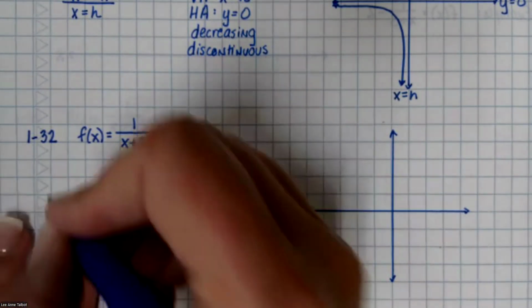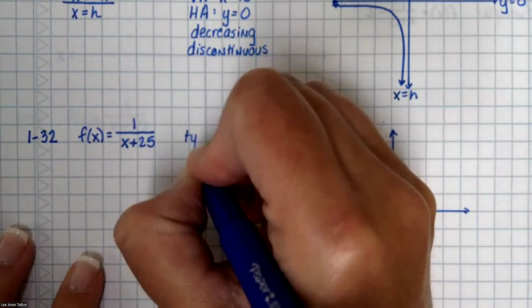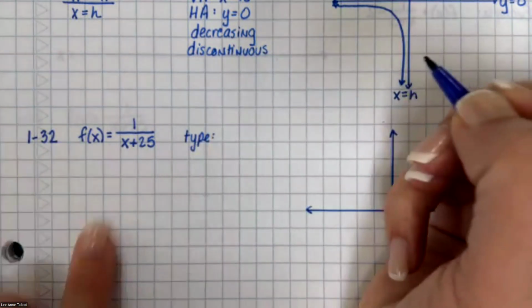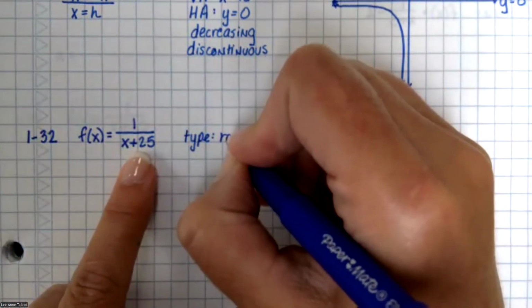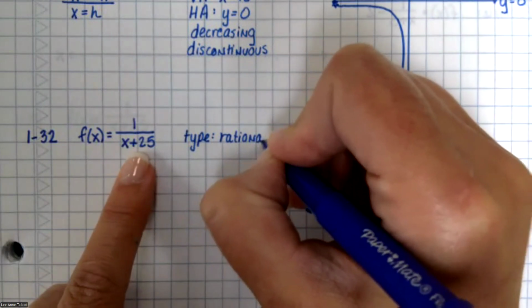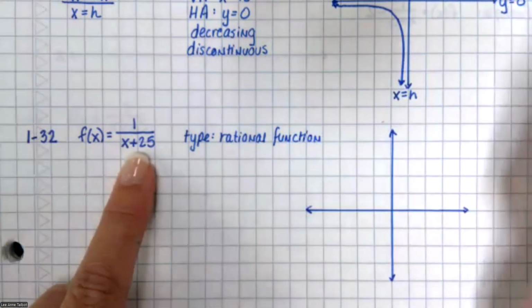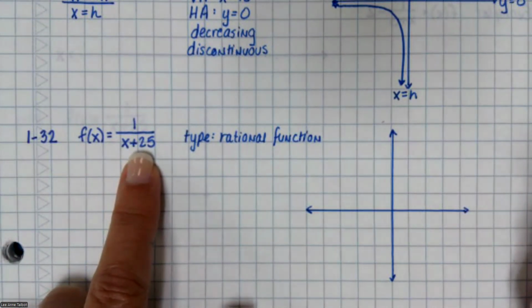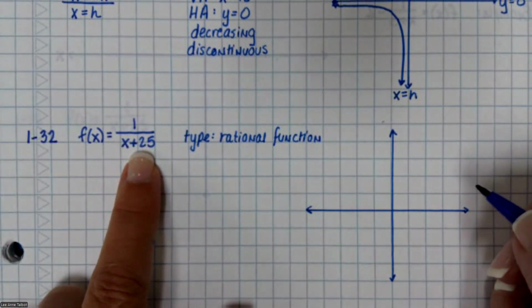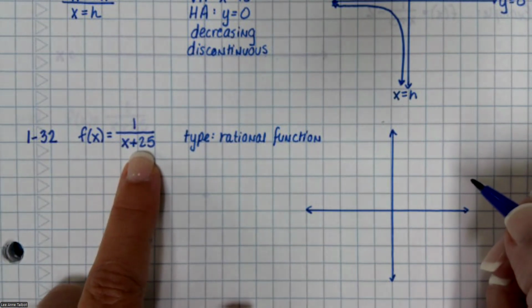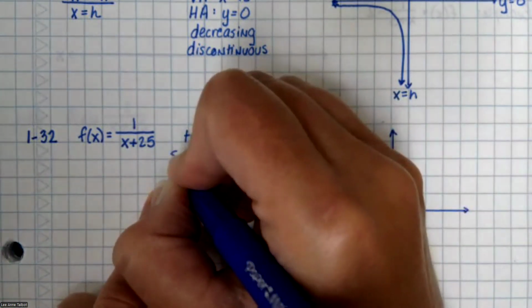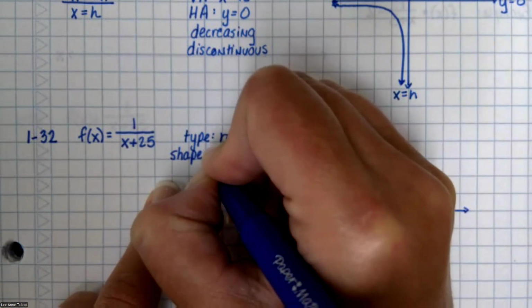Okay, first question, what is the type? Rational function. What is the shape? Hyperbola.